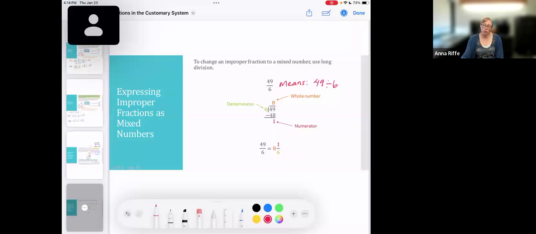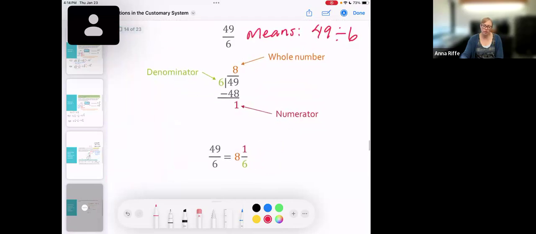And so if we want to use long division to rewrite this as a mixed number, then I'm going to divide 49 by 6 and ask how many whole 6s, or how many times will 6 go into 49? How many whole groups of 6 are in 49?